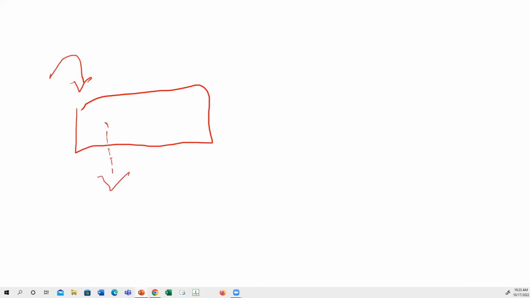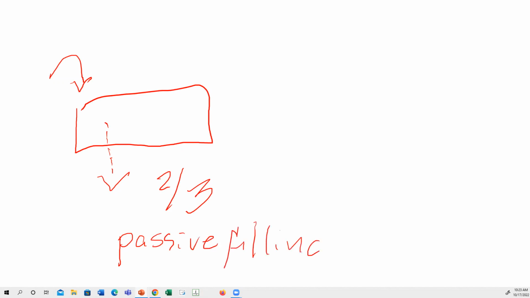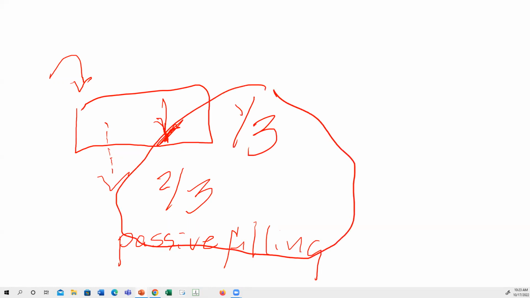So whenever you have a return of blood into the atrium, immediately the blood goes into the ventricles. 2/3 of this is what is known as passive filling of the ventricles. Atrial contraction, however, once the atria contracts, contributes 1/3 of cardiac volume in the ventricles.